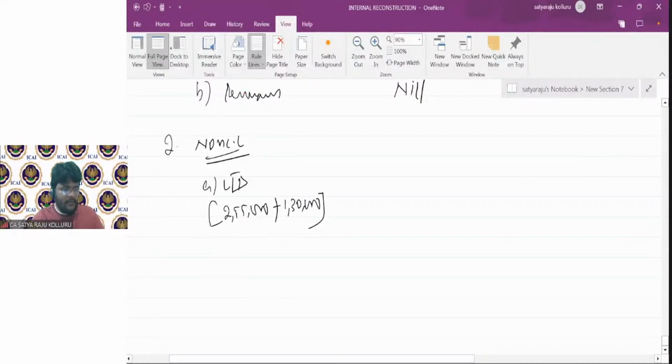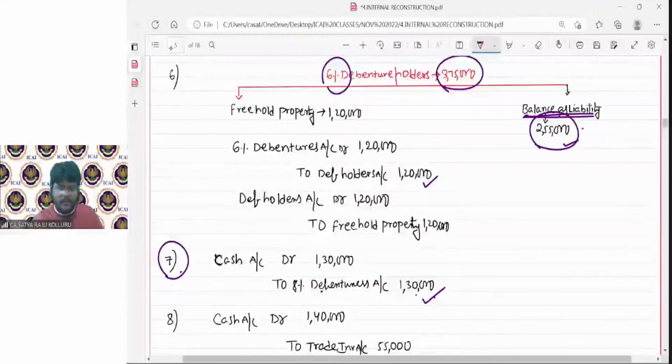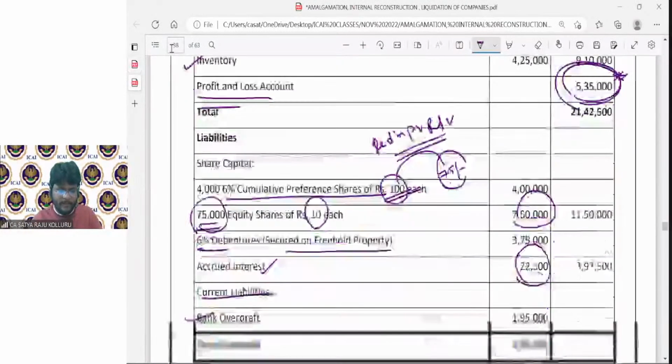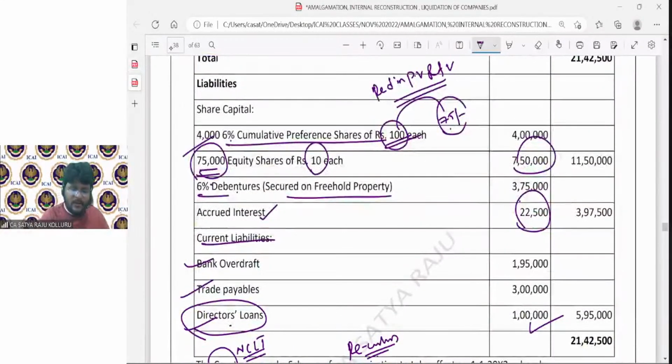So 2,55,000 plus 1,30,000, I got 3,85,000. Sir, accrued interest was paid. No need to think about the accrued interest which was paid. Under the liabilities, equity over, debentures over, accrued interest paid, just ignore.